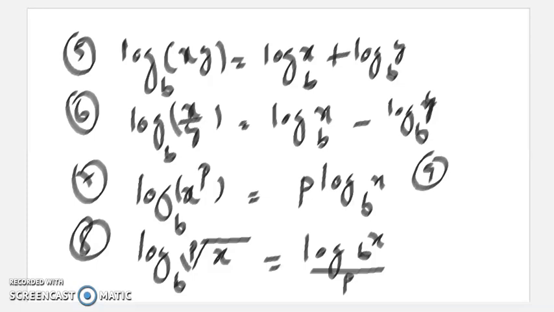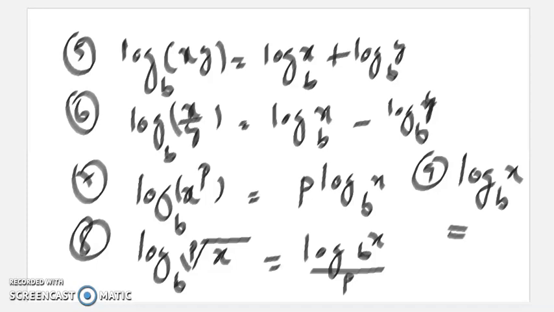And one more important formula, the ninth identity, is the change of base rule. What is the change of base rule? To find the value of log x with base b, it can be calculated from the logarithms of x and b with respect to any arbitrary base value.